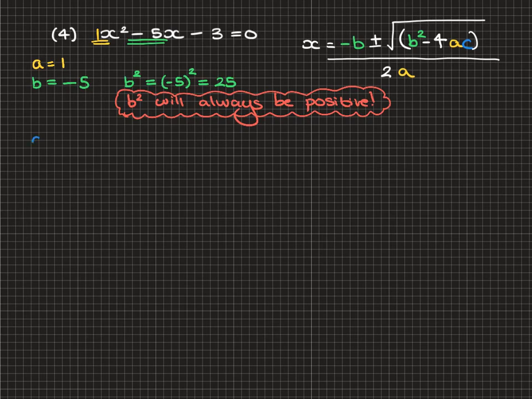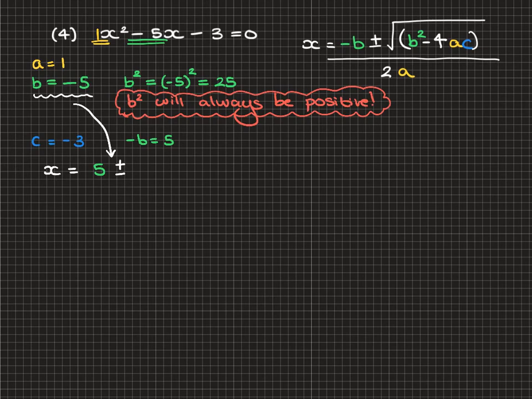And the last value, c, is equal to -3. Now here's the formula on the top right again to help you work this out. x equals minus b. Well, what's minus b? If b is -5, then negative b is going to equal 5. Be careful. You've got to really watch out for that in questions which involve negative numbers and negative values for b.